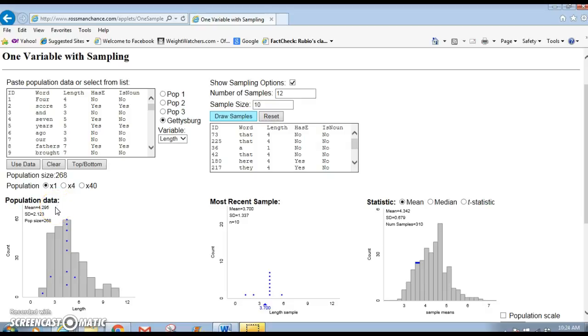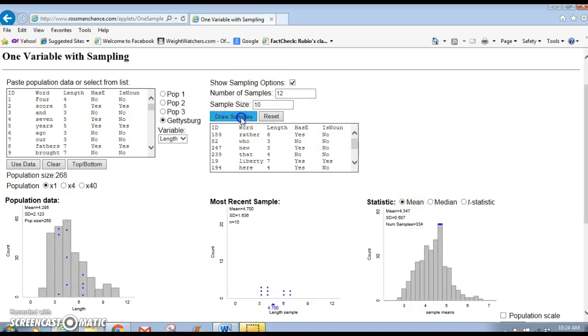And it's important to explain to your students that this population mean is rarely known. But we do have a finite population, so it's quite small and easy to calculate this mean. But stress to your students that if this mean is not known, by taking repeated samples of the same size from the population, we can estimate the population mean.